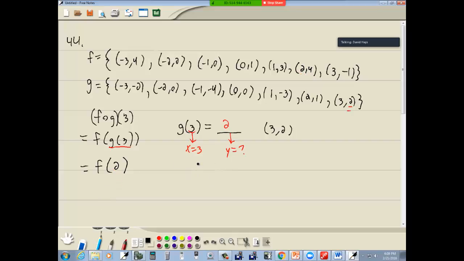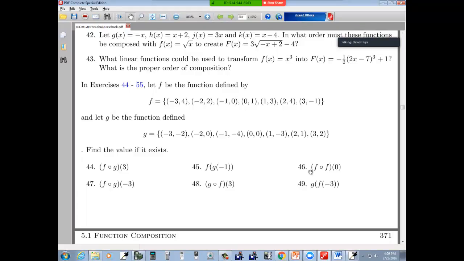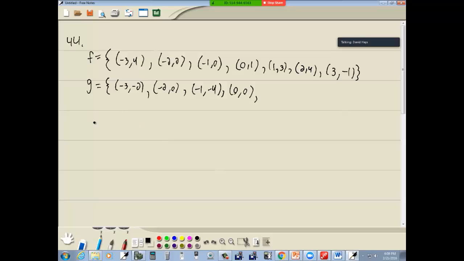Okay. What about 46? Like f of 0. Now, even though it seems weird, remember that's just f of 0, and we're working with the inner.